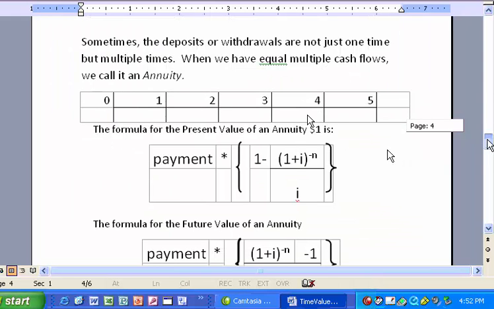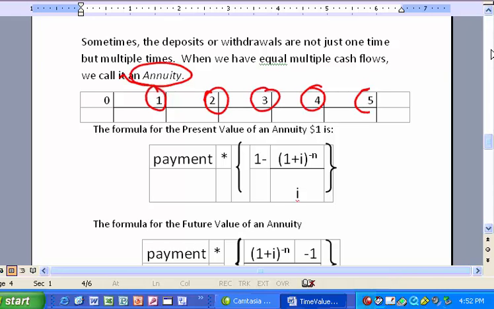Sometimes then, when we move into our third concept here, our third concept is the concept of an annuity. And the annuity is different from the present value and future value of a dollar because present value and future value of a dollar are about a one-time payment. What we're interested in here is what happens if we deposit that money every year for a given number of years.